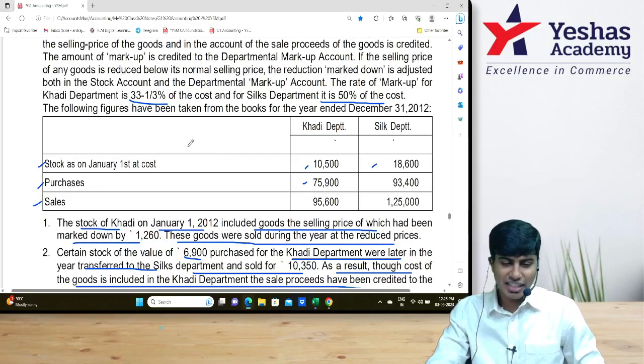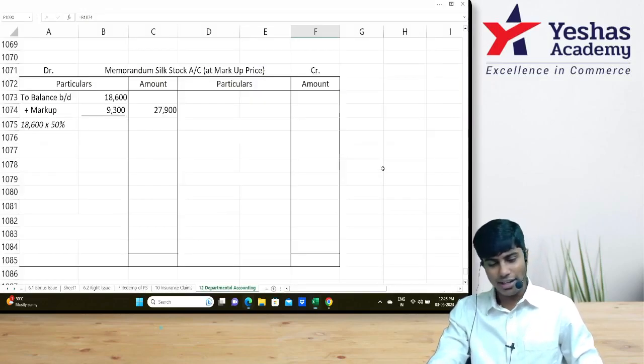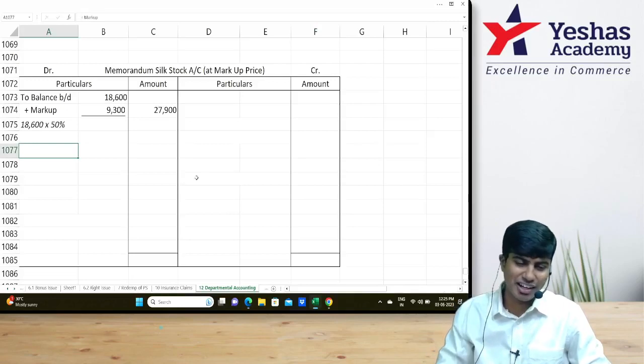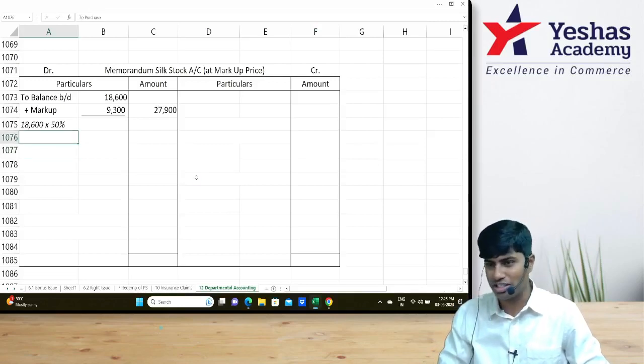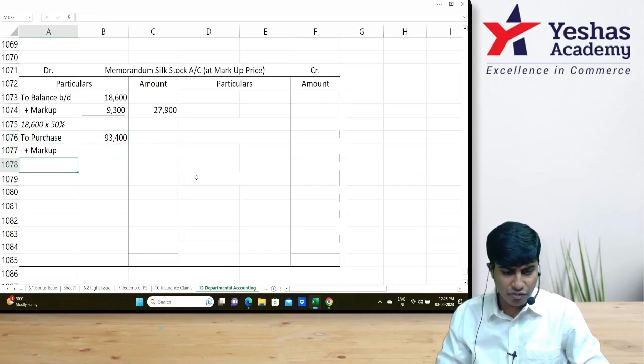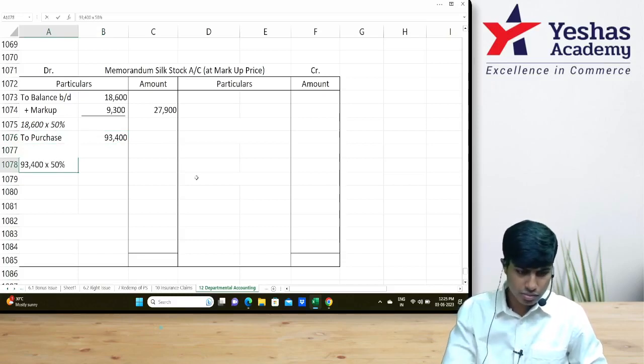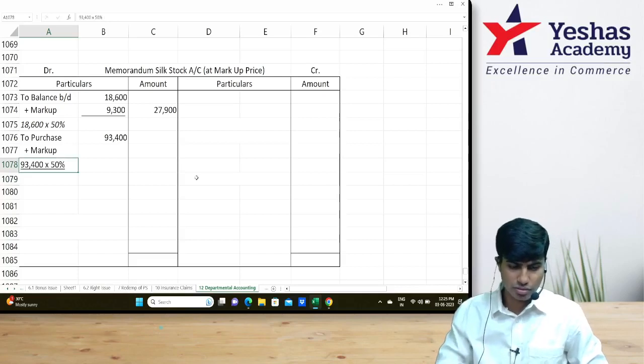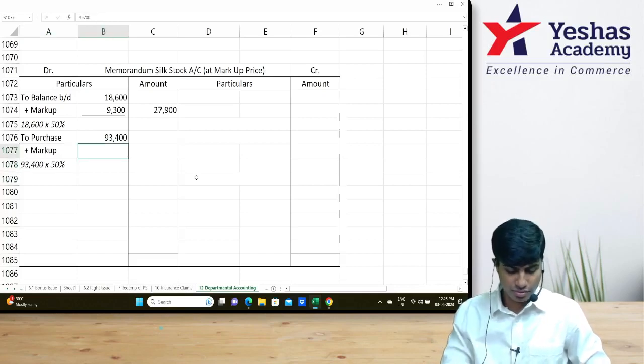So then purchases 93,400. So shall we write 93,400 in our memorandum silk account as purchases? Okay, 93,400. We need to add markup on this. How much? 50%. How much is that 50%? 46,700.